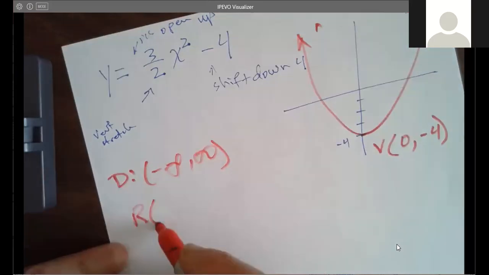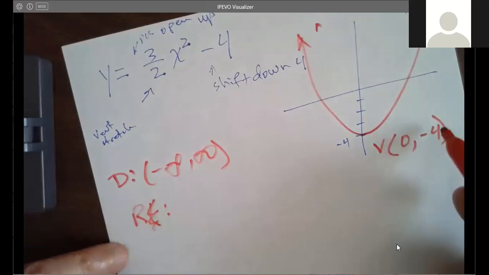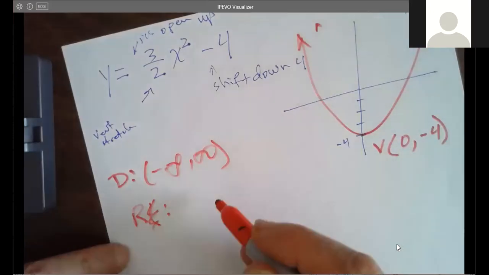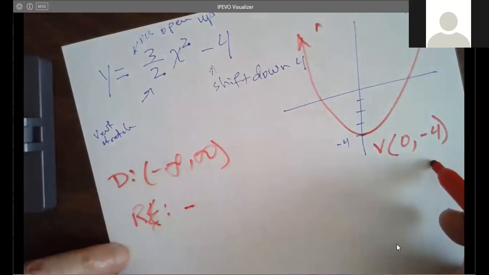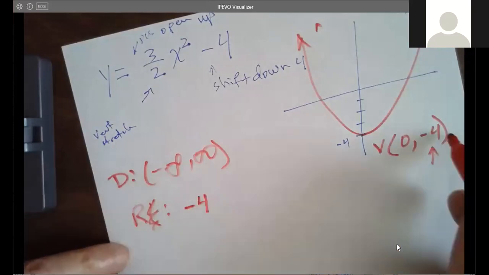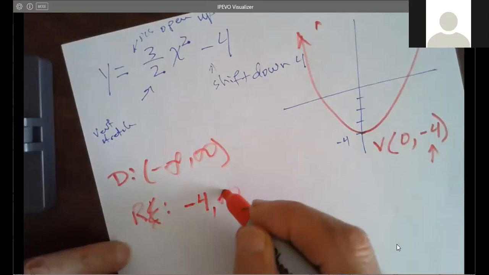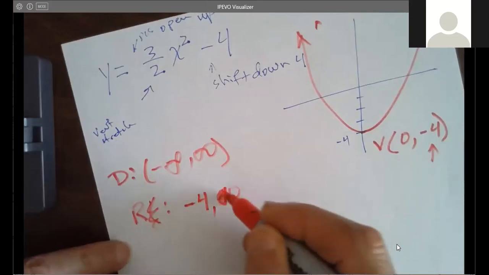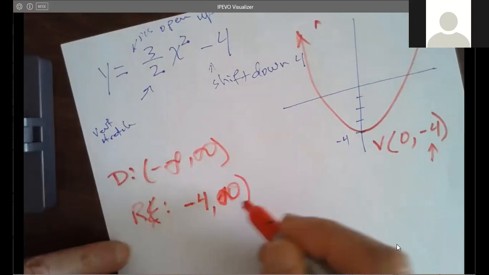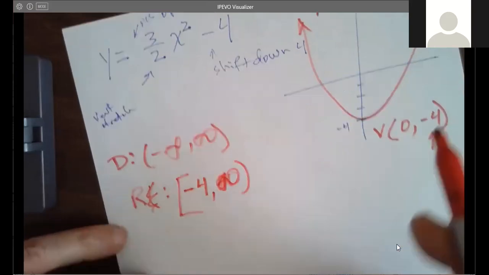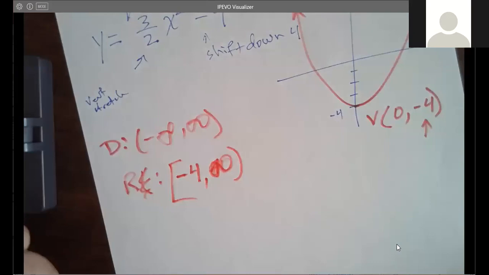The range, because it opens up, is going to start at the y part of the vertex, or k, at negative 4 to infinity. And it's closed at negative 4. Okay.